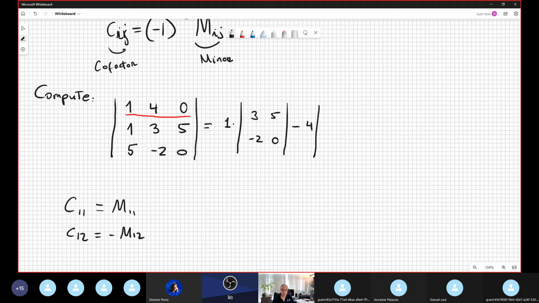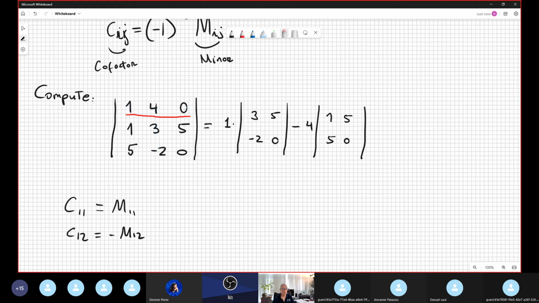Multiplication by the minor. In this case, 1, 5, 5, 0. Because now you delete this guy and this guy and stay alive 1, 5, 5, 0. Cool.